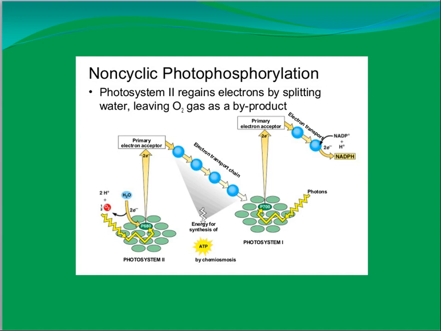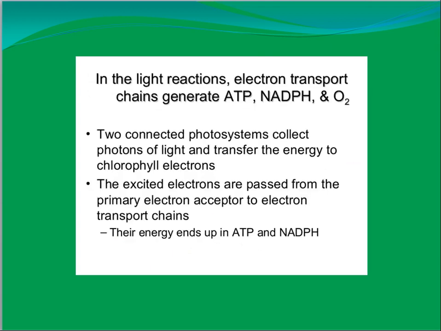Primary electron acceptor, and then we can see photosystem 2, electron transport chain, energy for synthesis of ATP by chemiosmosis. Photosystem 1, photons and primary electron acceptor. Then they're getting electron transport.